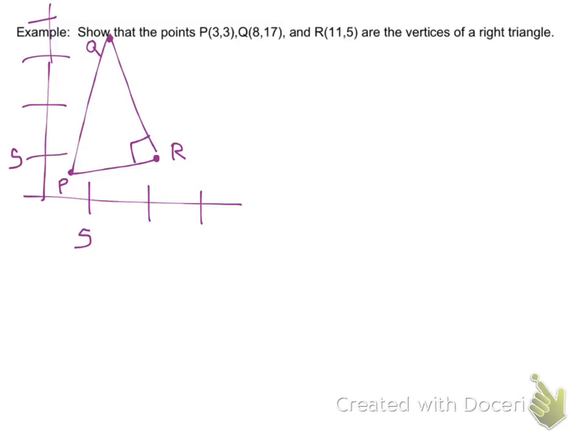So that means you just have to find the slope of, not all at once. Find the slope of QR and PR, and they should be what to each other? Opposite reciprocals.